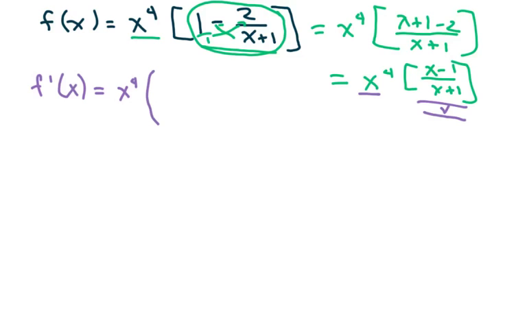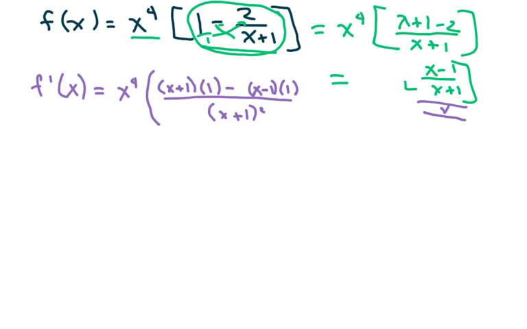So the derivative of the second part is going to be using the quotient rule. So you take your denominator and multiply it by the derivative of the numerator, subtract the numerator times the derivative of the denominator, and then this is over x plus 1 squared.